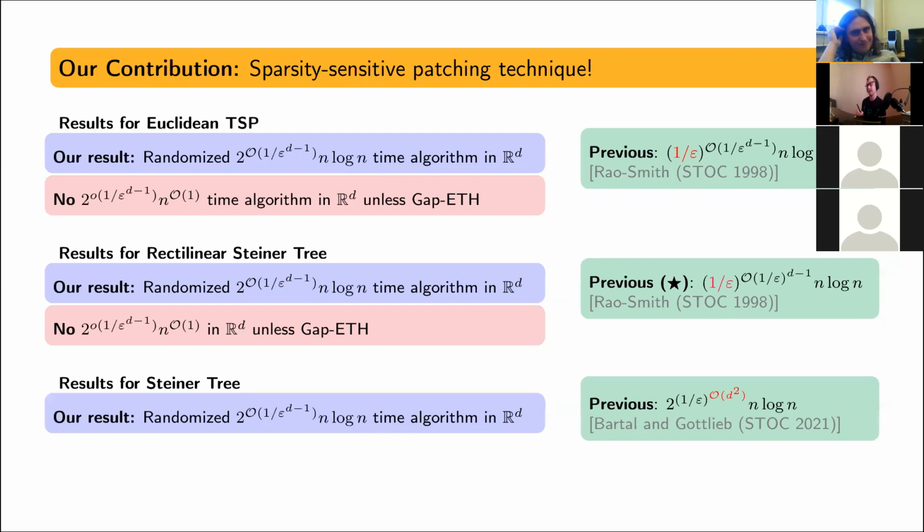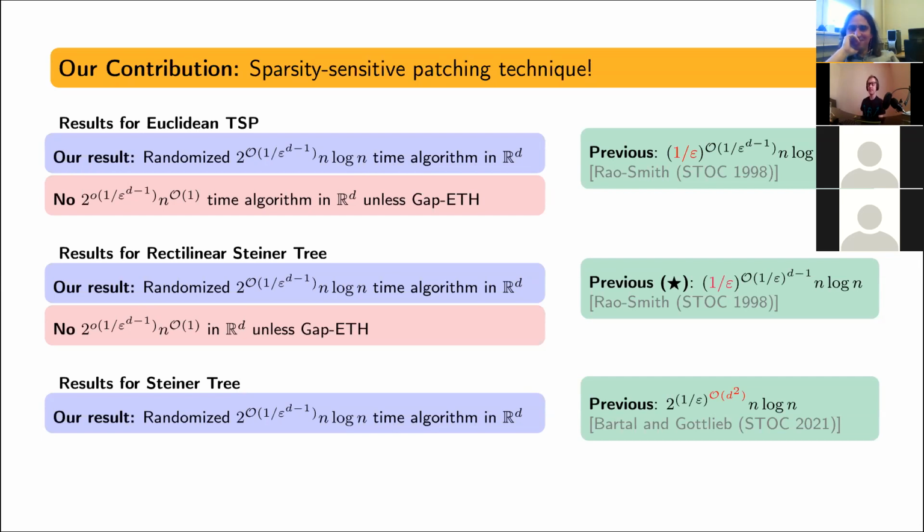But very recently at STOC, there was a paper accepted by Bartal and Gottlieb that claims a slightly worse running time. So the situation is rather complicated. But fortunately, our algorithm works faster than both of these results.